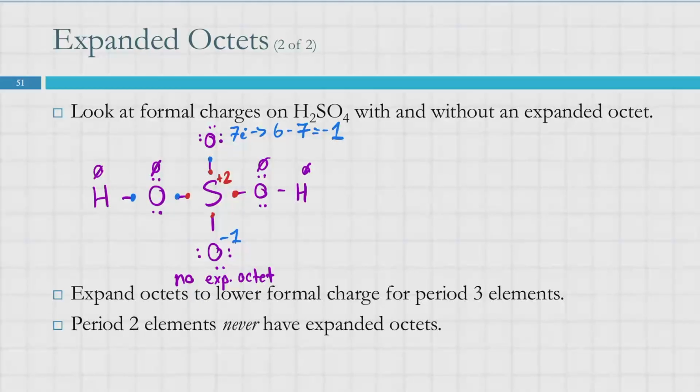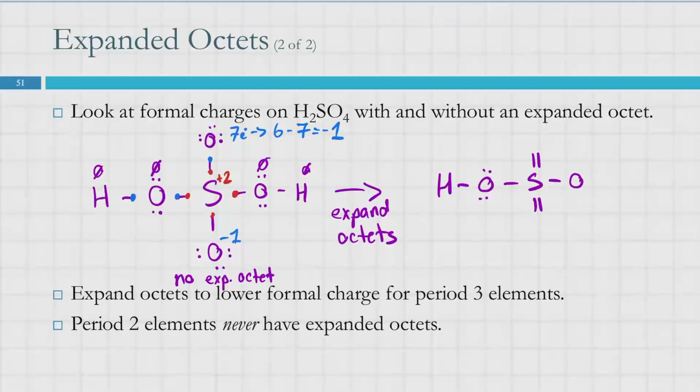However, with expanded octets, we get instead two double bonds.